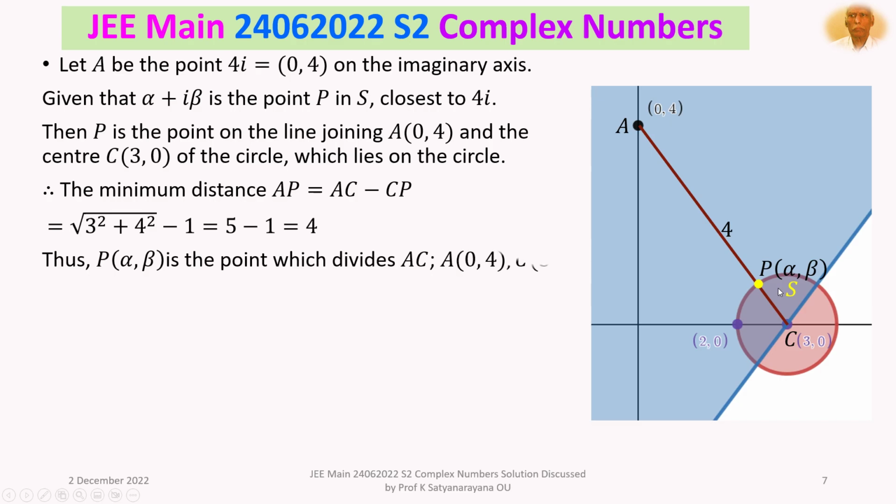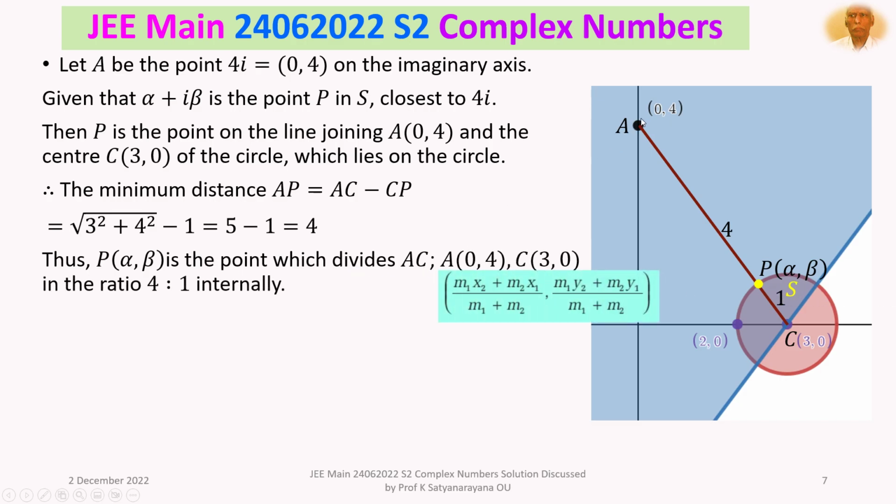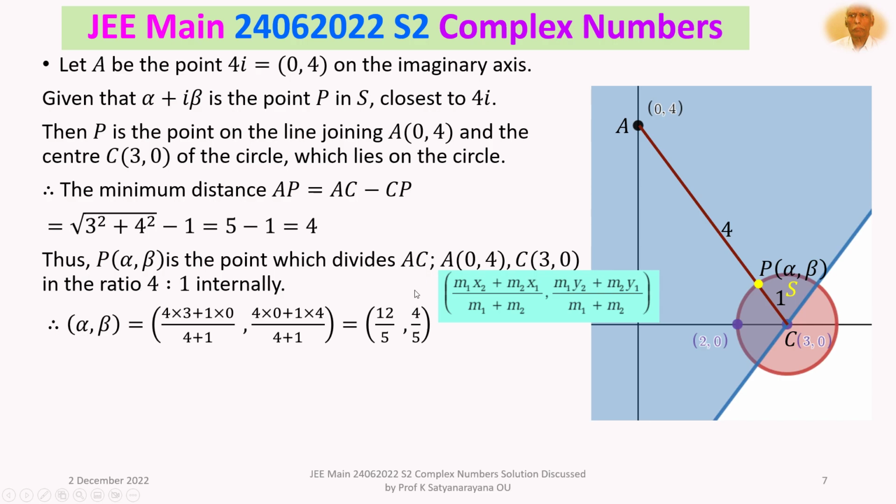And thus P (alpha, beta) is the point which divides the line AC, A (0, 4), C (3, 0), in the ratio 4 is to 1 internally.